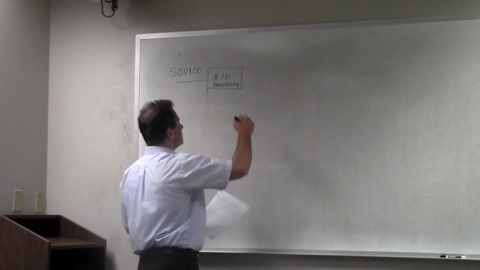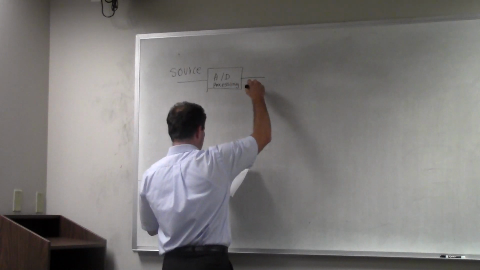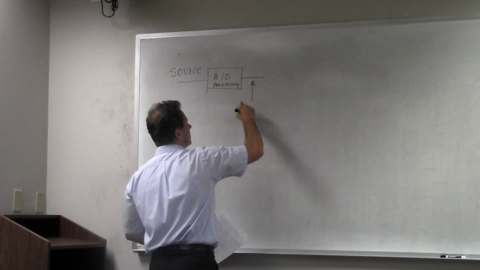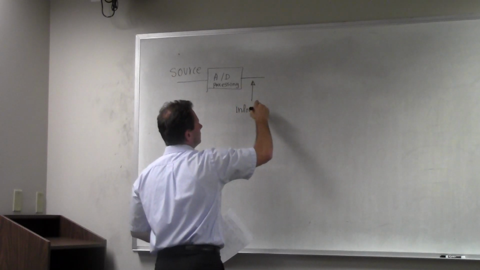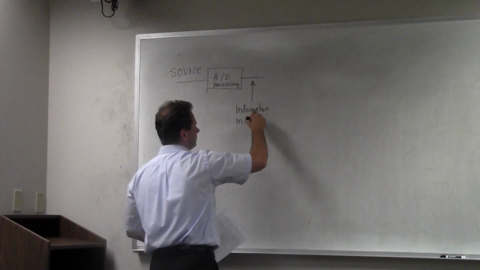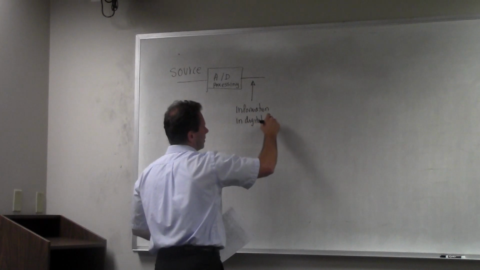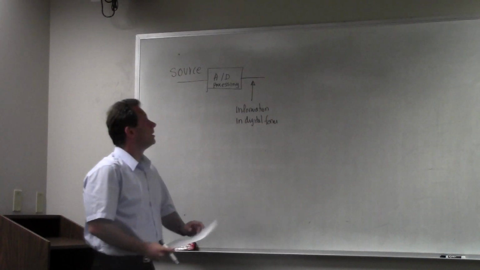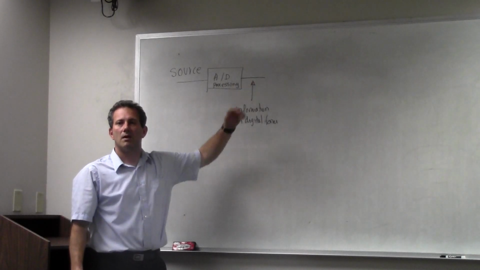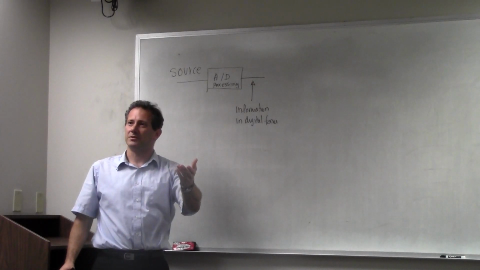Now, up to this point, your information is in digital format. You have information in digital form. What am I trying to say? Up to this point, it's all numbers. But you cannot really send numbers, right?